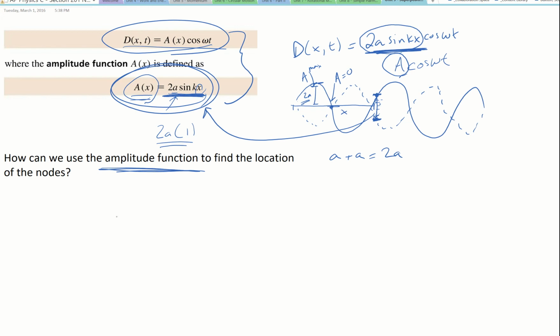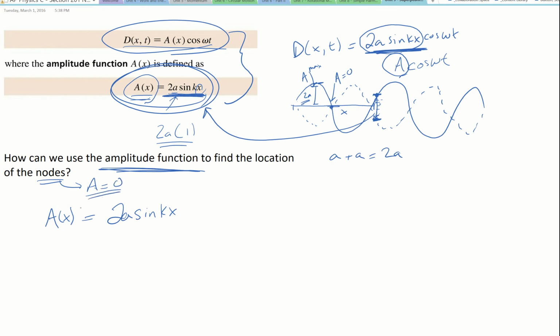How can I use 2a sine of kx to find the location of the nodes? Well, if this represents my amplitude, we already know by definition that the nodes happen at any location where the resulting amplitude is 0.